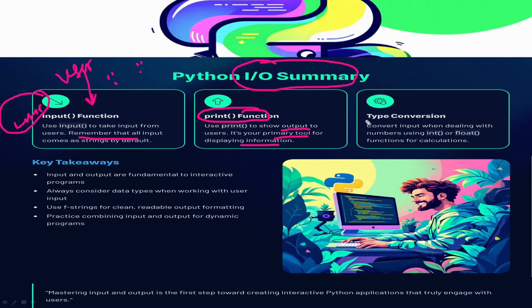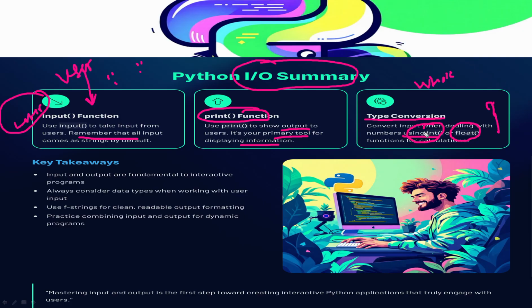Type conversion. Here, convert input when dealing with numbers using integer or float functions for calculations. Integer is nothing but only whole numbers, where decimal numbers are not allowed, and float is a number with decimal values.